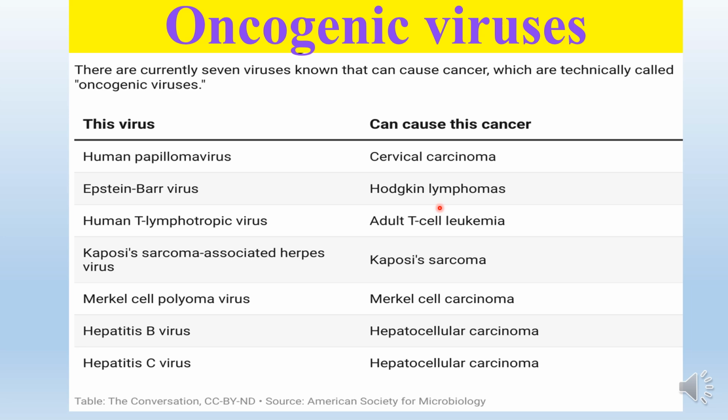Epstein-Barr virus causes Hodgkin's lymphoma. Human T lymphotropic virus causes adult T cell leukemia. Kaposi's sarcoma herpesvirus is associated with Kaposi's sarcoma. Merkel cell polyomavirus is associated with Merkel cell carcinoma. Hepatitis B virus and hepatitis C virus both are associated with hepatocellular carcinoma. The reference for this table is given below.